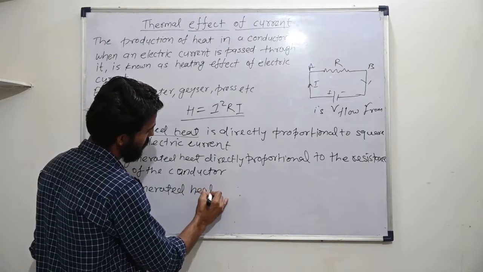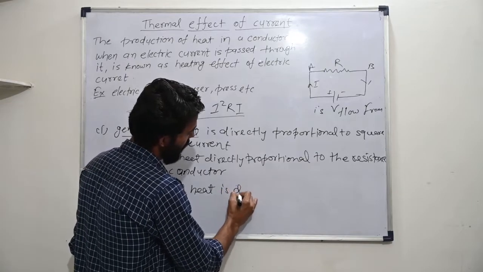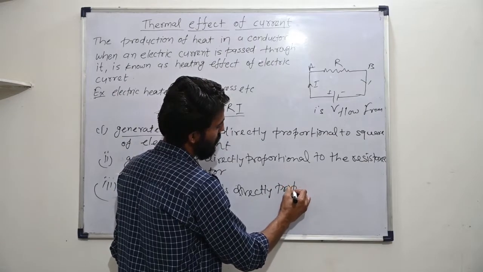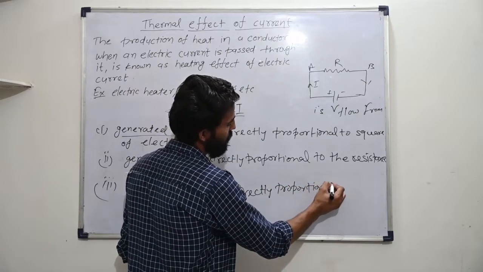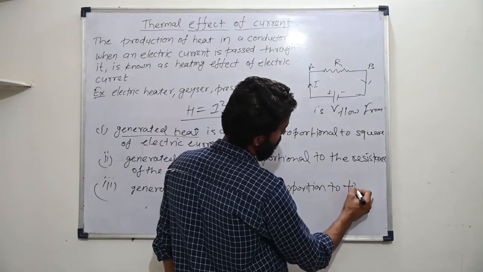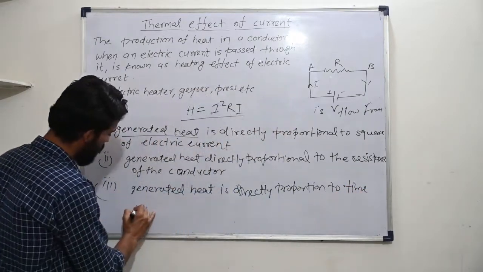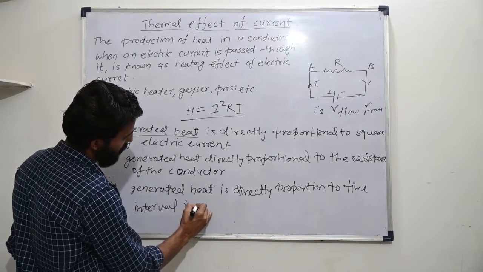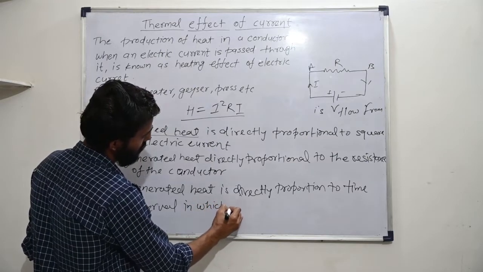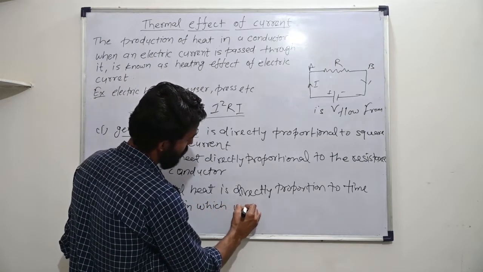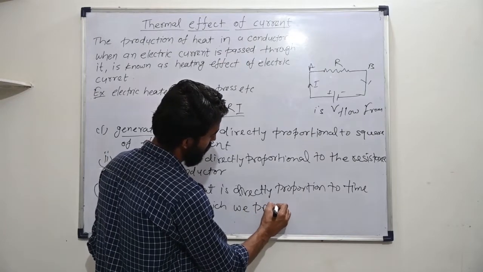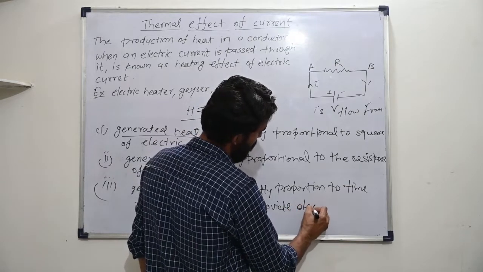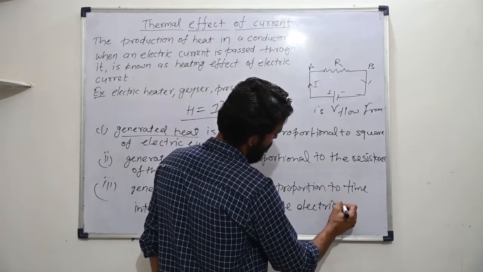Generated heat is directly proportional to the time interval in which we provide the electric current.